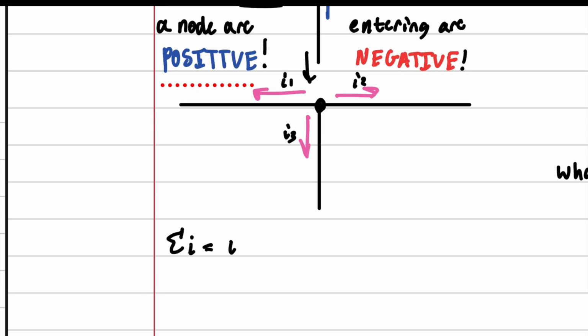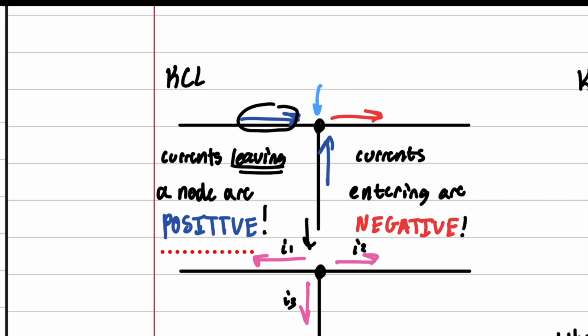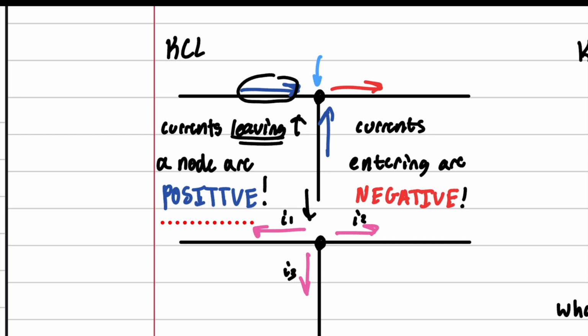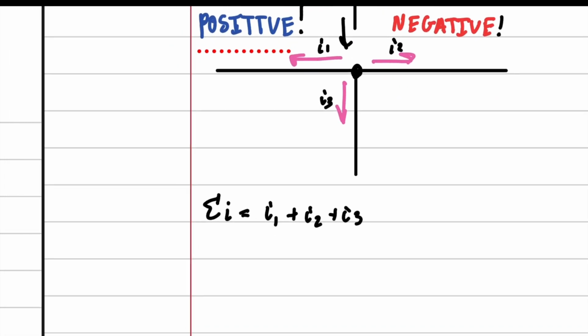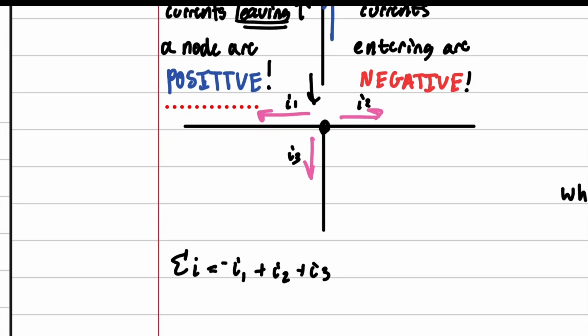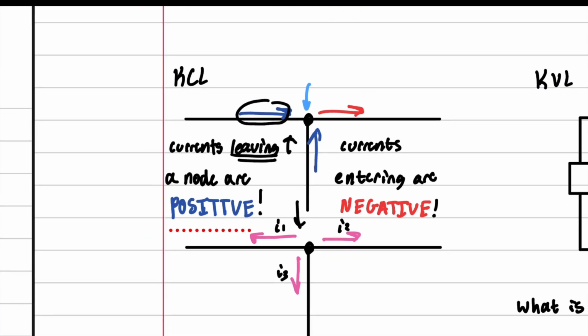And so it's I1 plus I2 plus I3. And then here from this actual circuit, we know which ways the currents are going, so we can assign a negative onto I1 and a negative onto I3. And this should equal 0. Okay? So that is KCL.